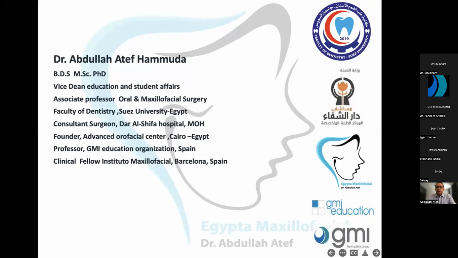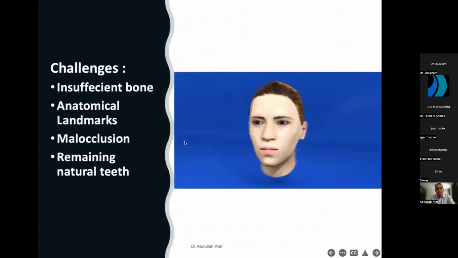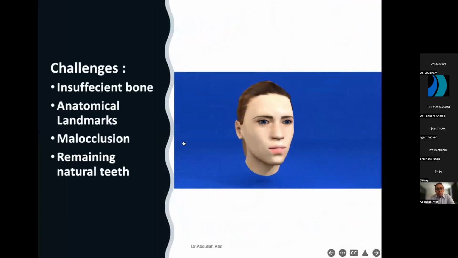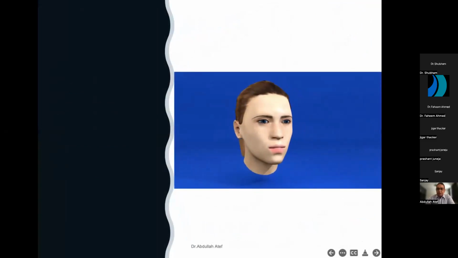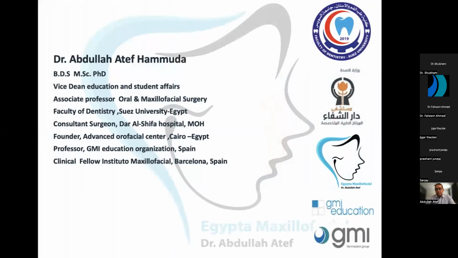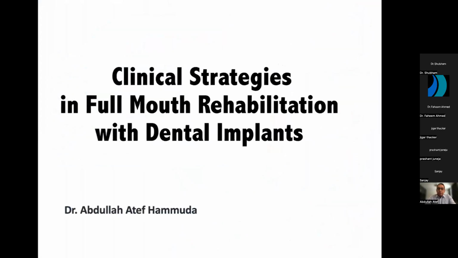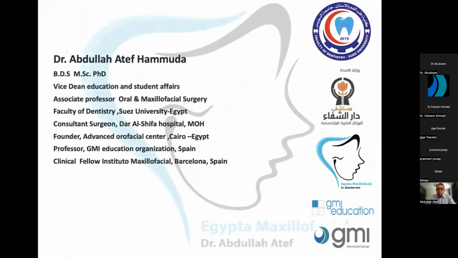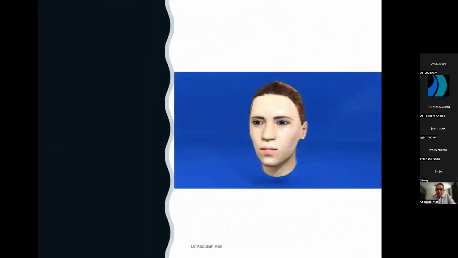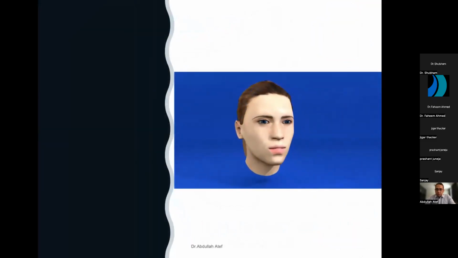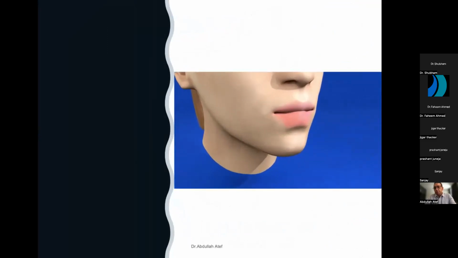Today, I will speak about clinical strategies in full mouth rehabilitation with dental implants. Loss of teeth is usually accompanied by loss of the supporting bone around.